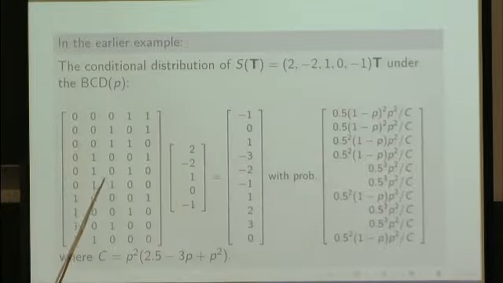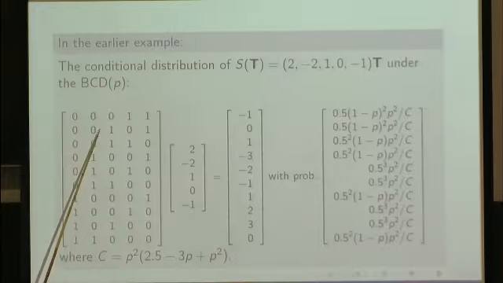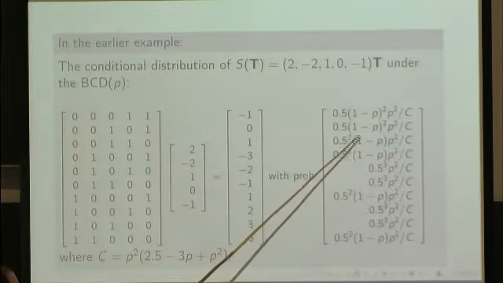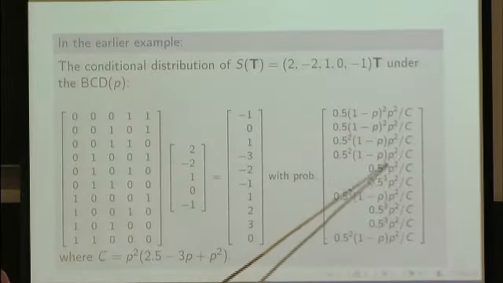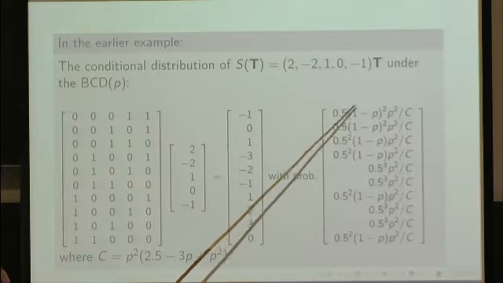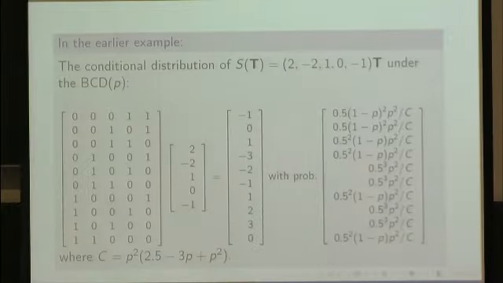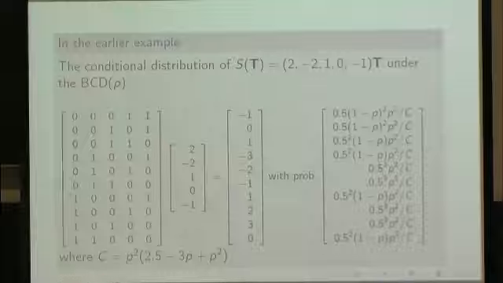So if you actually calculate the probabilities of each one of these sequences, you get these things here, which are polynomials of p and q and 0.5. So obviously these are not equiprobable, and so if you were actually to do a Monte Carlo generation of these things, you would want to take into account the probabilities.